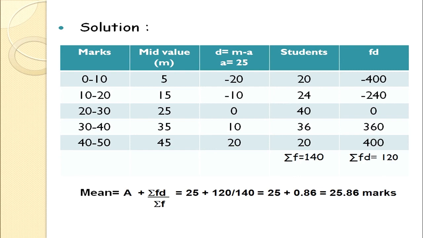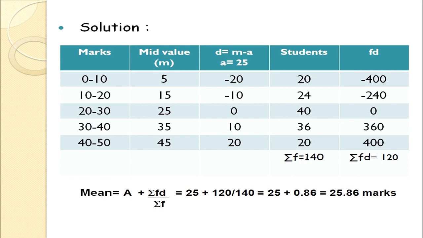Now the next step is to sum up. Summation of FD will be done. The value comes to 120. The total number of observations, that is summation of frequency, is 140. Now students, write the formula first. Mean is equal to A plus summation of FD divided by summation of frequency.